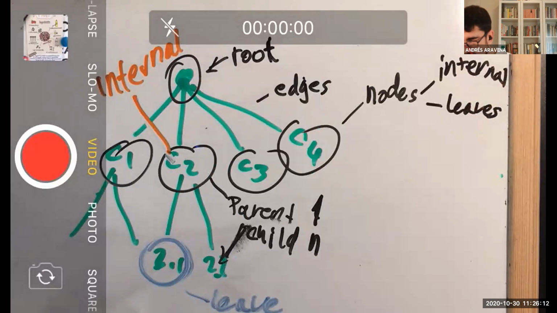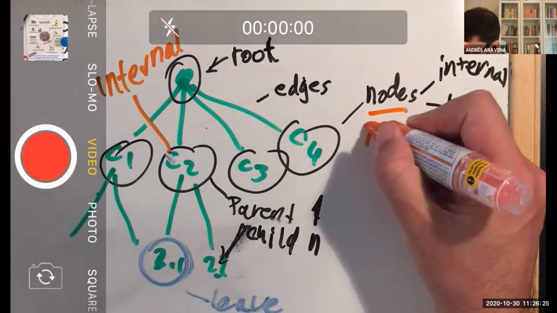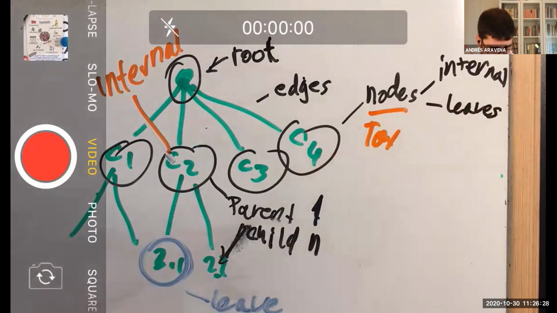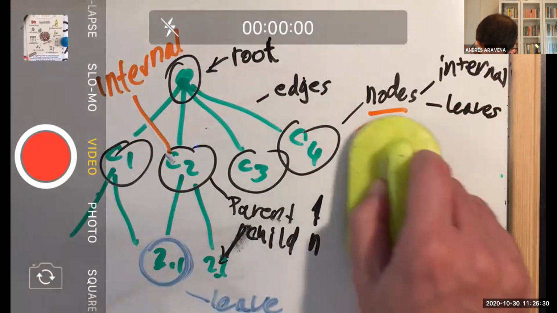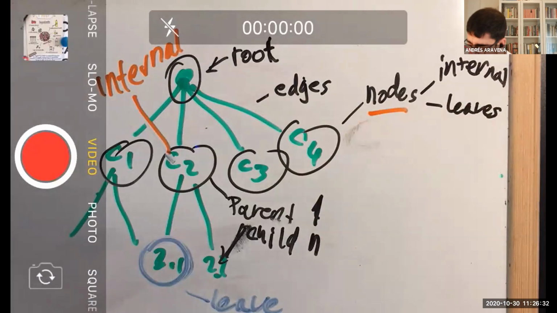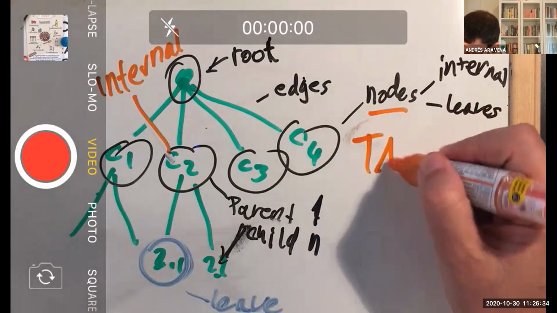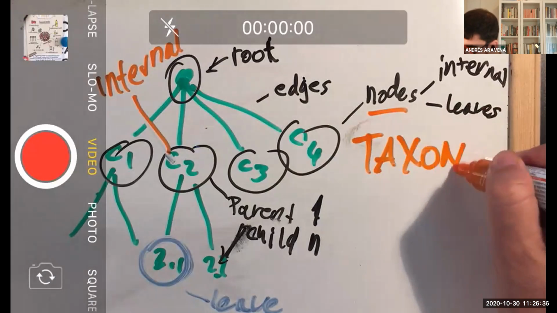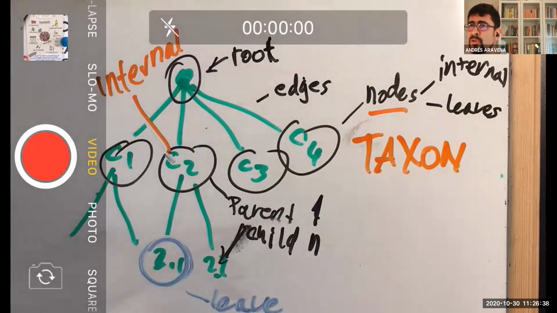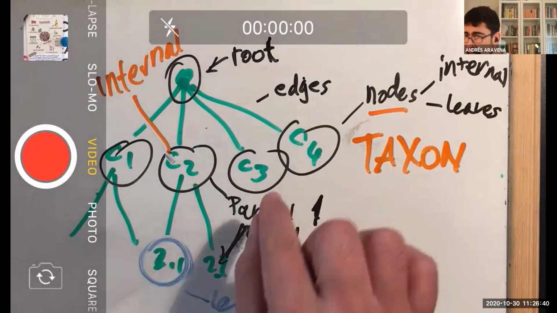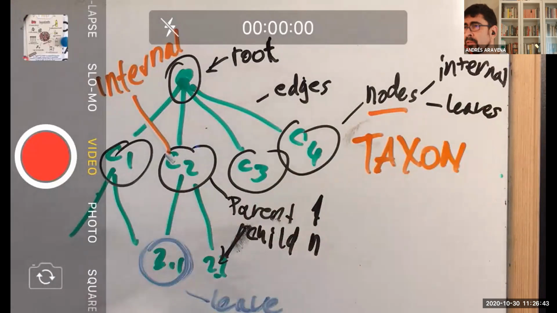So there are two kinds of nodes in that sense. If you have a child, you are internal. If you don't have a child, you are a leaf. In taxonomy, instead of node, we say taxon. This is the keyword. A taxon is some element in the taxonomic tree.